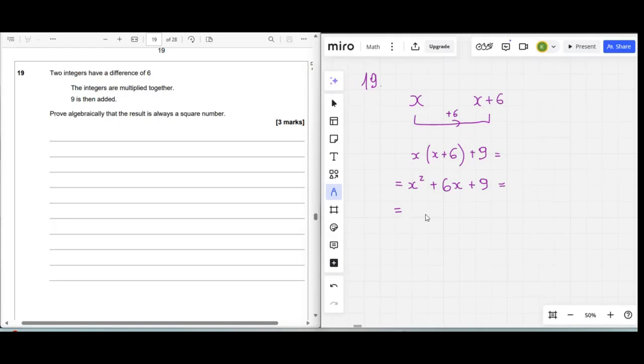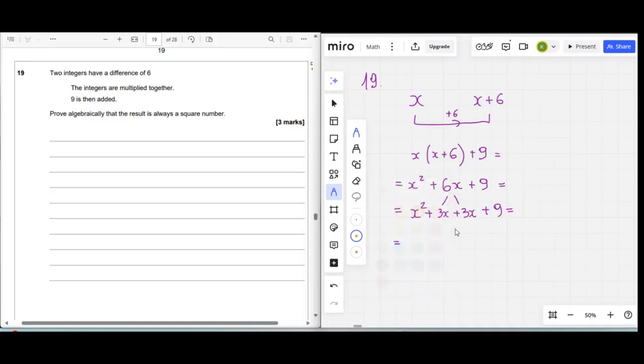Okay. So we have three things, and we can split the middle one into two things, 3x and 3x, in total 6x. So we are changing that to make it 4 terms.